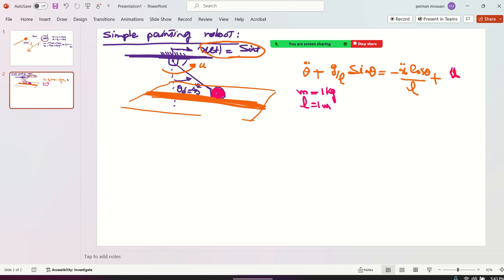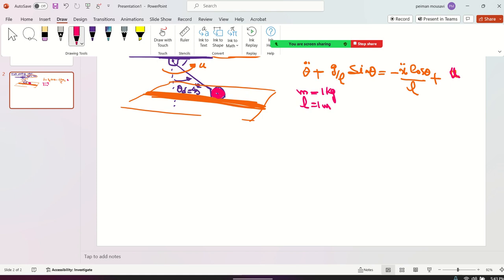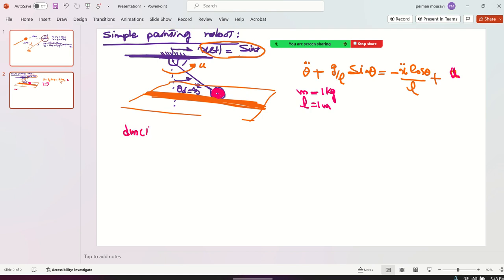Our state space equations for the linearized system are going to be exactly the same as before, except the M2 is going to be minus G over L M1. The previous one I showed you was plus, here it's minus, plus U. That's right. Minus X double dot.